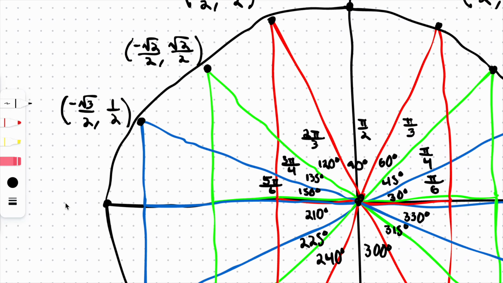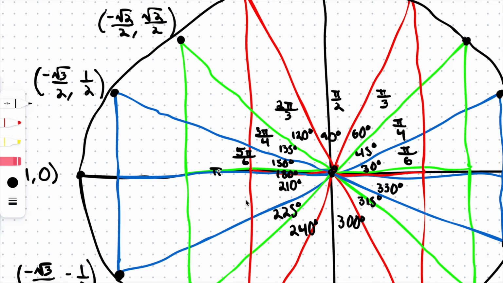And this coordinate is going to be -1, 0. Okay? And so this is equal to 180, right? This degree measure. And 180 times pi over 180 is just pi, right? We talked about this before. 180 degrees is equal to pi radians.